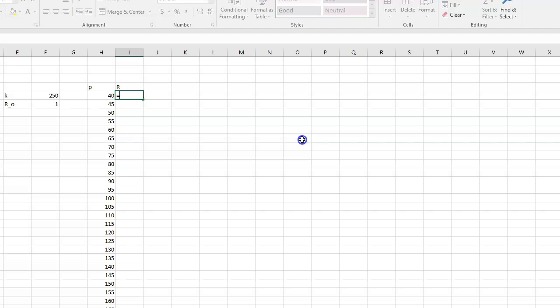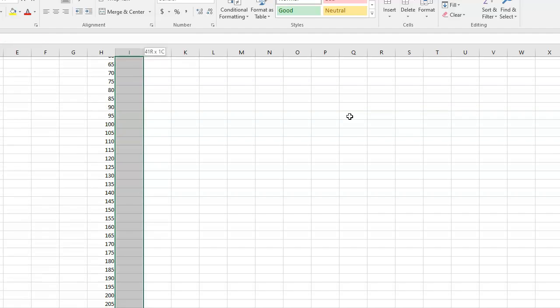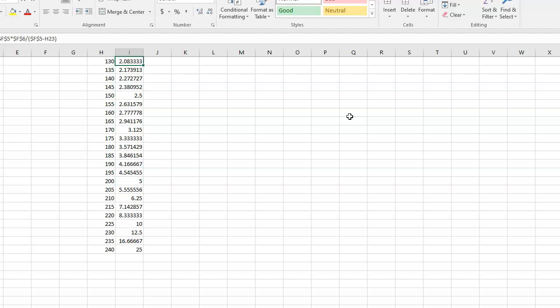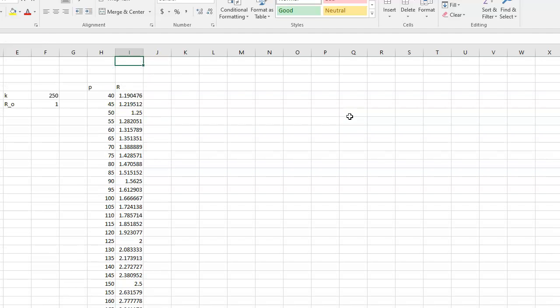All right, so what's the radius? The radius is K times R naught divided by K minus P. Now, some of these need to be constant. Put my dollar signs in. Okay, so I'll plot these.